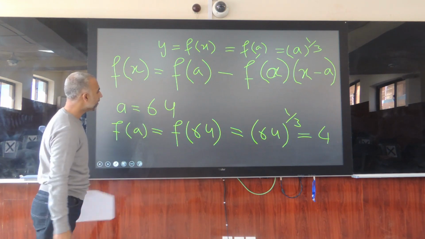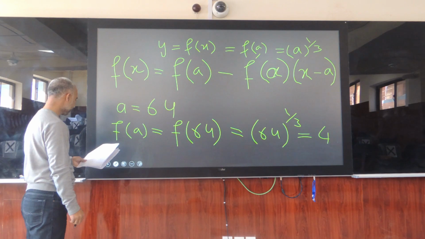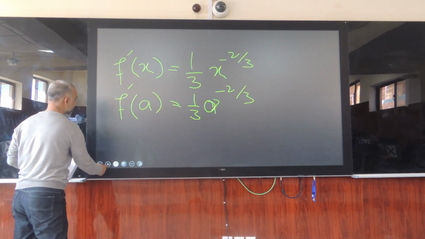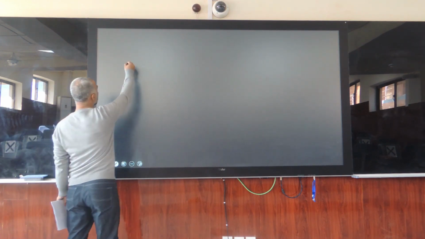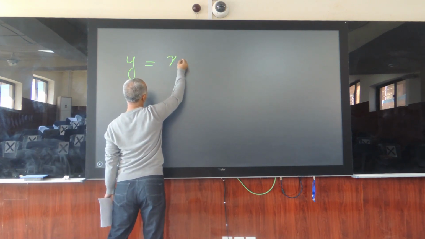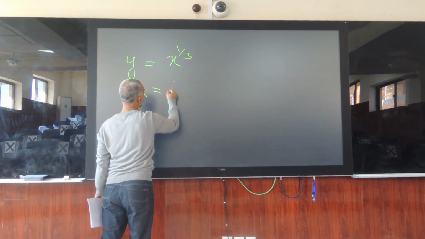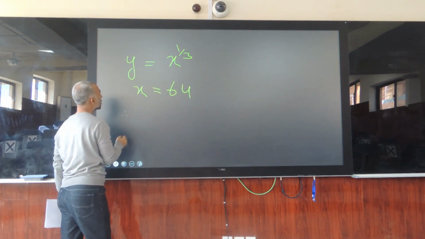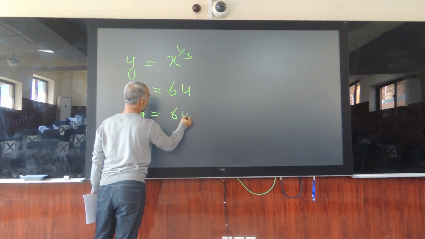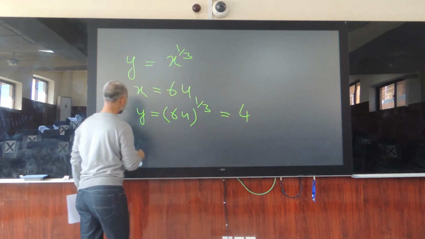So in this case f of a equals 4. As we know, we supposed y equal to x to the power 1 over 3 and x is 64. In that situation, y equals 64 to the power 1 over 3, which becomes 4.